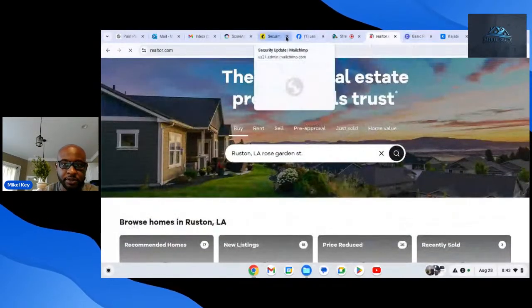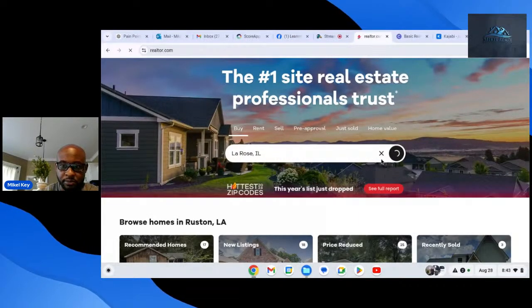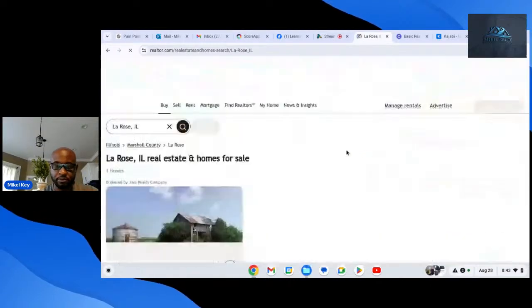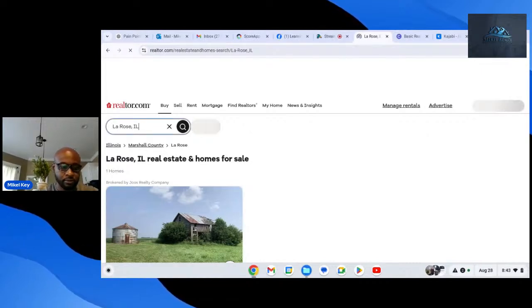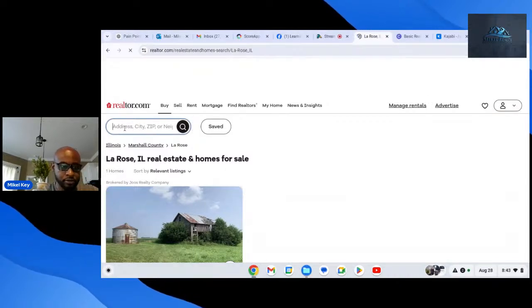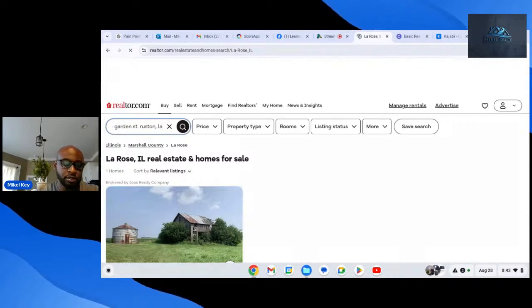We're going to make this extremely simple. Okay, that's not what we want. I'll pick an address, 153 Rose Garden Street, Ruston, Louisiana.